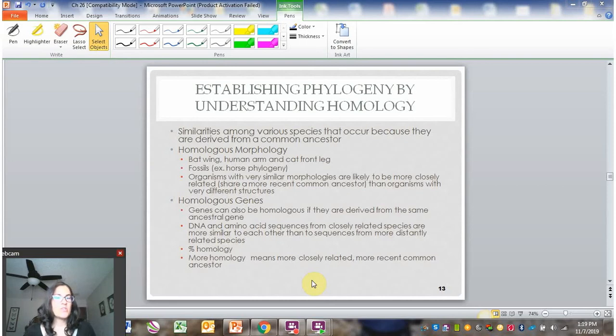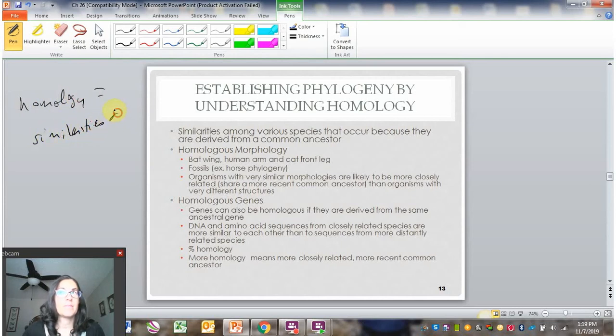So I want to refresh you on a term, homology. Homology refers to similarities due to shared ancestry. And so homology can be in traits or physical characteristics.